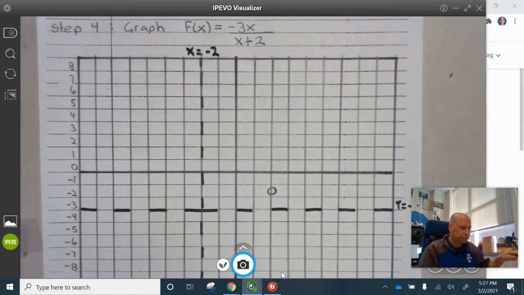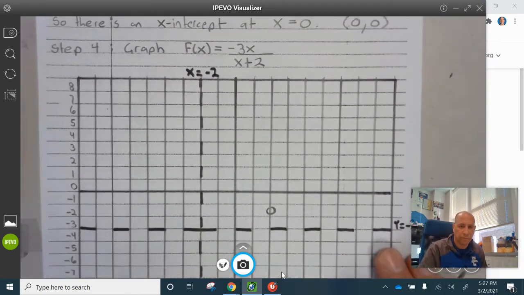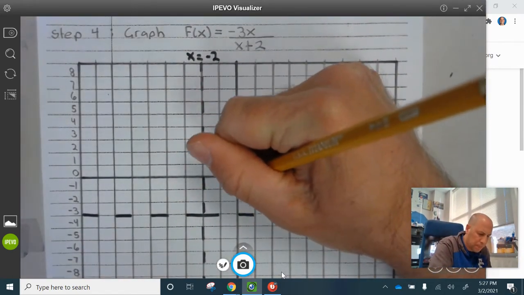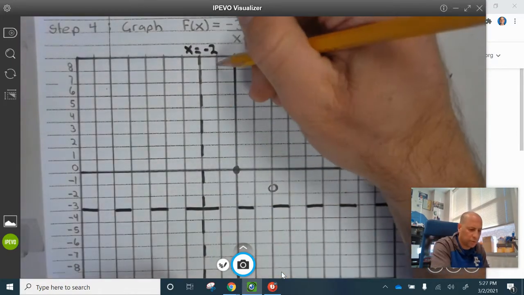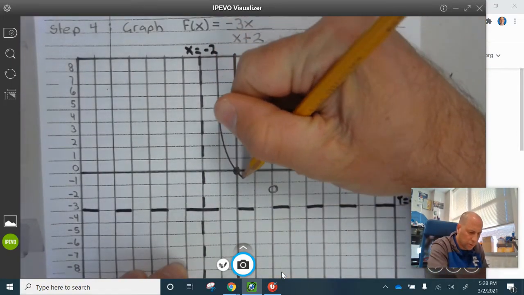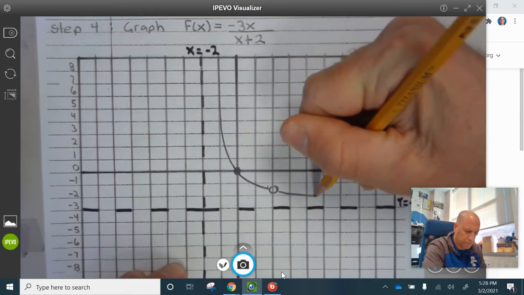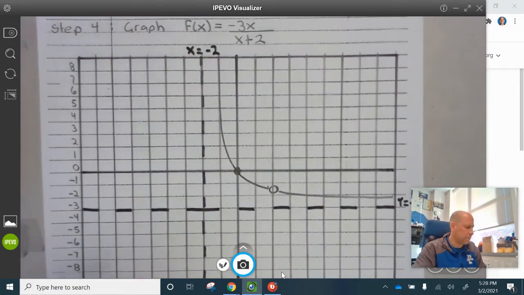Okay, all right. Now our x-intercept is at 0, 0, which is here. Now we have our point in our hole, so our curve we know is going to go here. Okay, and let's graph that in yellow.